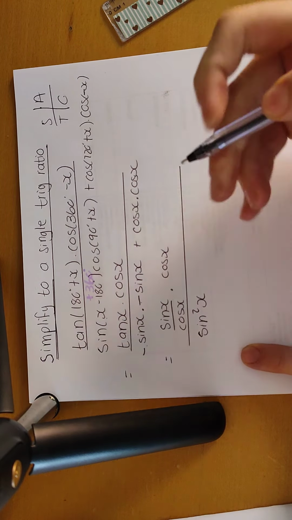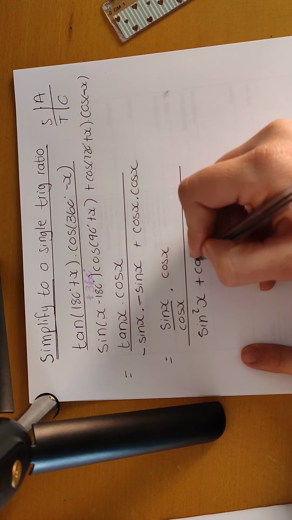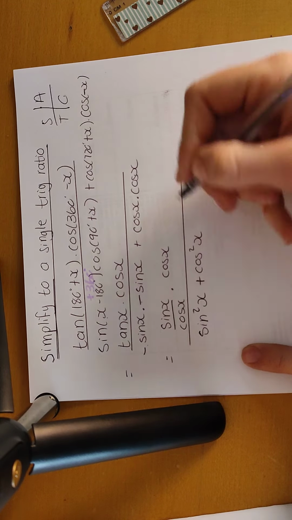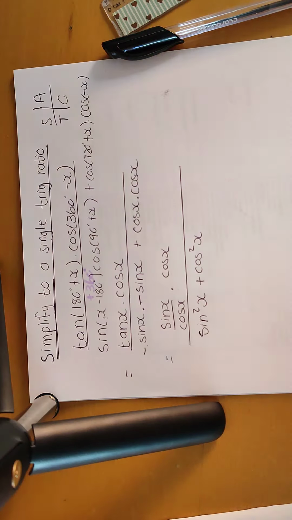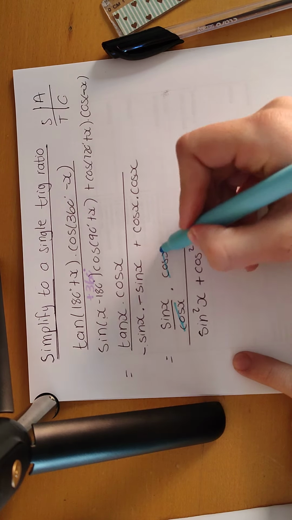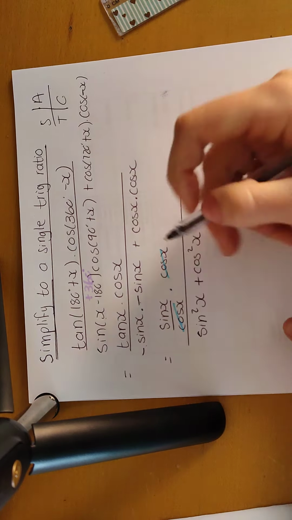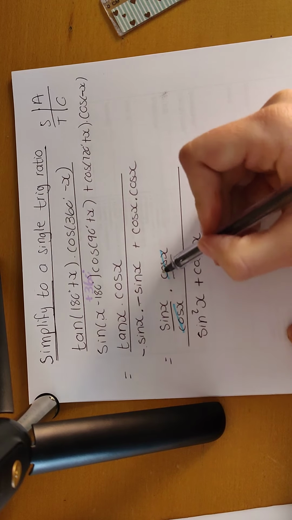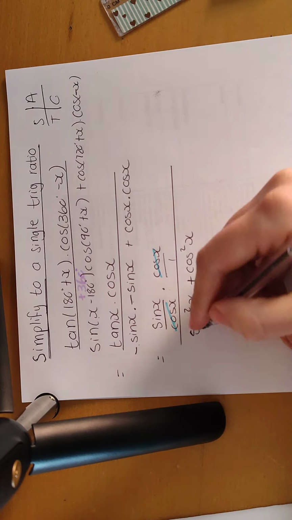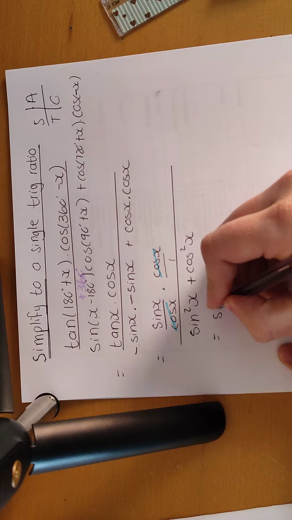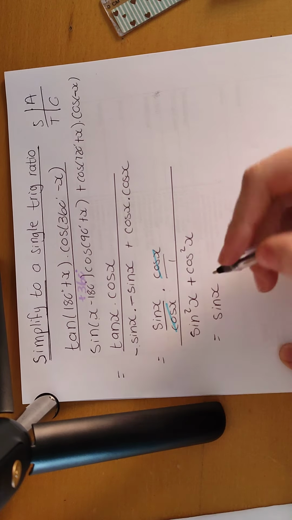Cosine x times by cosine x gives you plus cosine squared x. Now we know that we can cancel these two cosines because this is technically over 1 and they are going to cancel, which means I have sine x left on top.